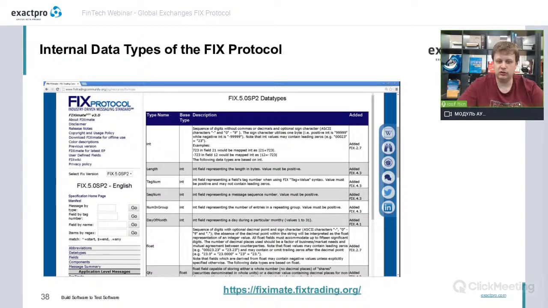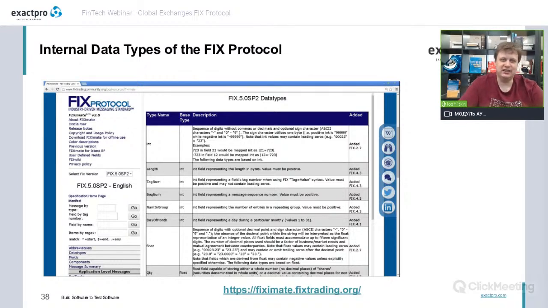You can go to the FIX Trading Community website and find a tool called FIXimate, and it allows you to get a description for every message and every tag present in the standard.